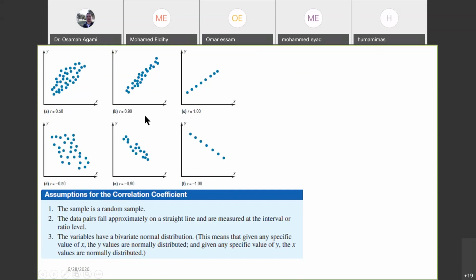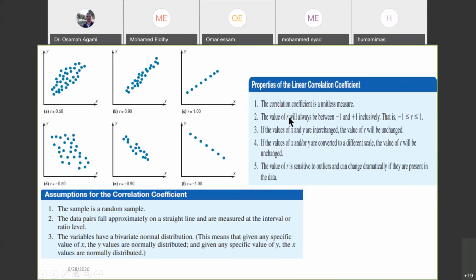But if it is greater than 0.5 up to 0.7, and some books write 0.75, it will be moderate. If it is more than 0.7 or 0.75, it will be a strong linear relation, either positive or negative, right? So this is how to judge the strength of the relation between the two variables x and y.